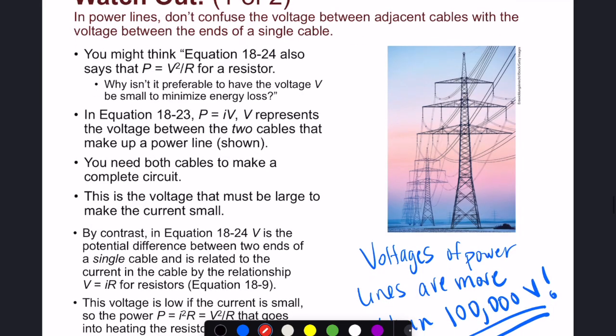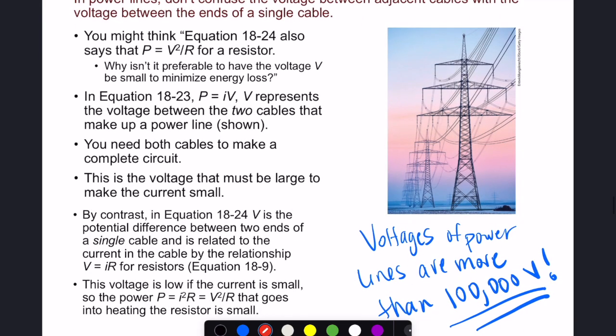These voltages of more than 100,000 volts are the voltage between adjacent cables. What do I mean by adjacent cables? If you look at this picture, there's a pair of cables everywhere. Why is there a pair? Because you need a complete circuit. We can't just have one cable coming from the power plant to our house.